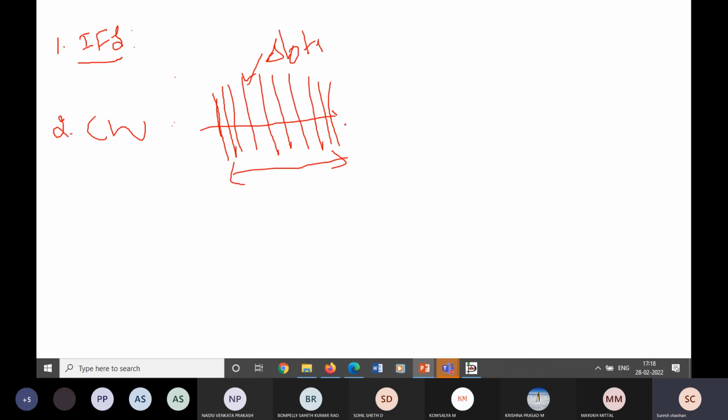The next question will come: how many slots do we have to make? That depends upon the binary exponential backoff strategy, so it is completely random in nature.